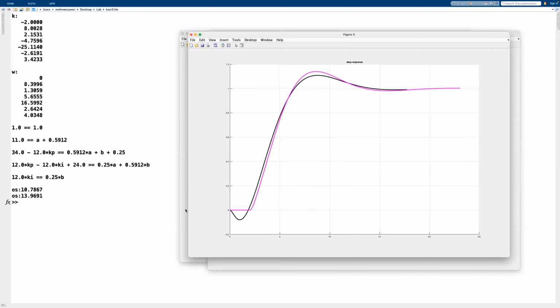Now you can see that the overshoot value is 14%, and the step response is not that bad in terms of approximation. We could just force it to a higher order and try to basically work with that. But you can see that the actual system will never have this undershoot here because it is not the approximation itself.